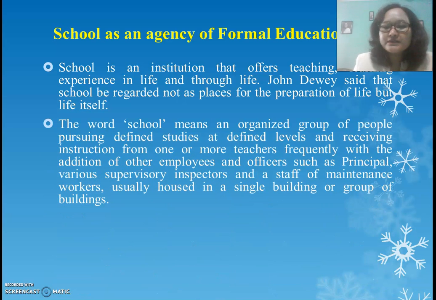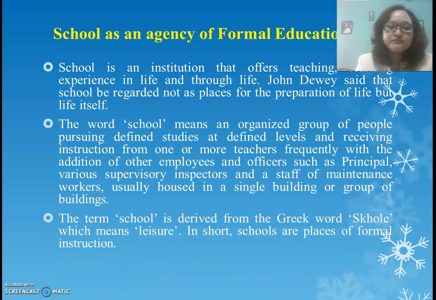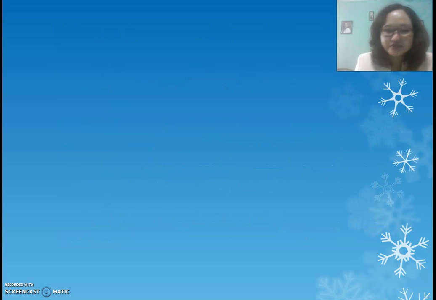The word school means an organized group of people pursuing defined studies at defined levels and receiving instruction from one or more teachers, frequently with the addition of other employees and officers such as the principal, various supervisory inspectors, and a staff of maintenance workers, usually housed in a single building or group of buildings which comes under the school. Now, the term school is derived from the Greek word skol, which means leisure. So, in short, schools are places of formal instruction.